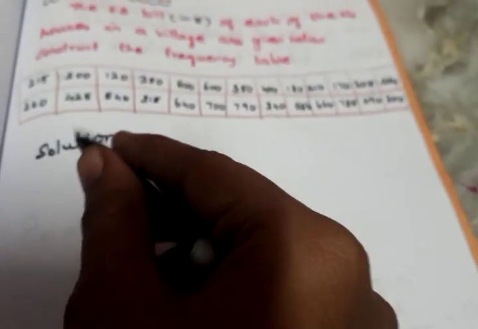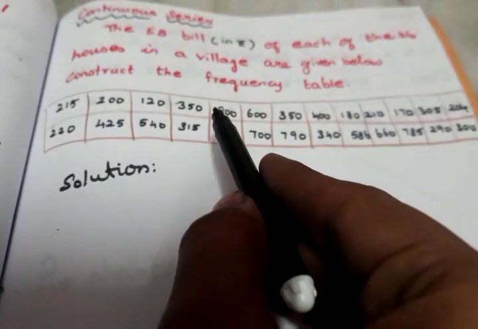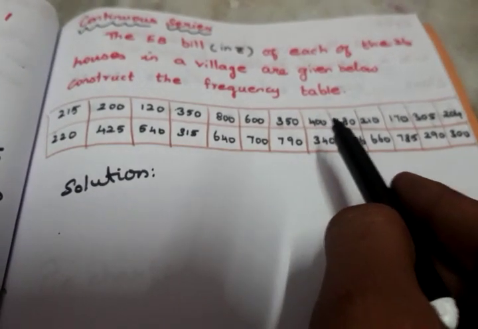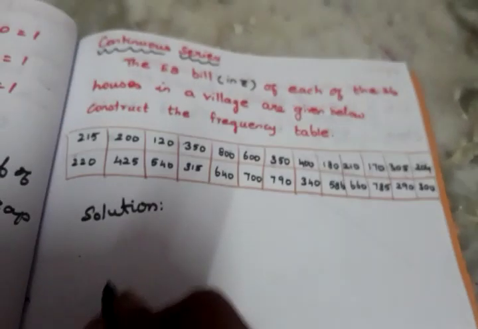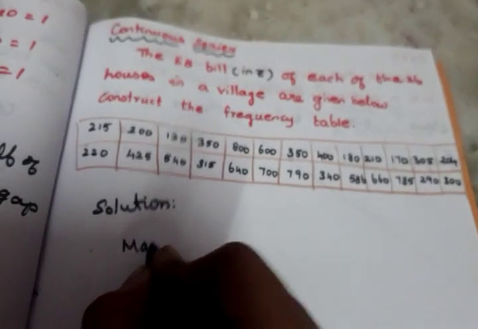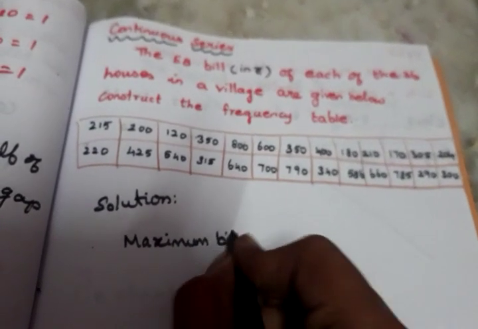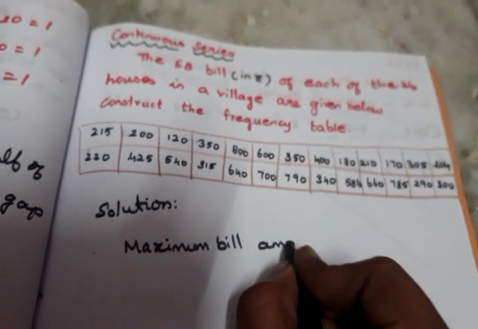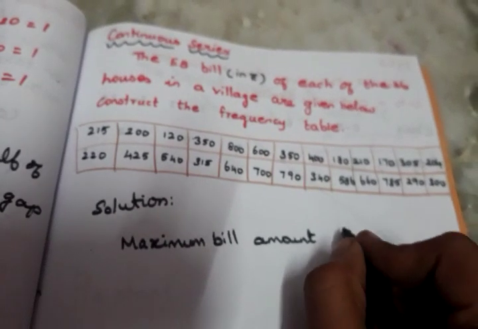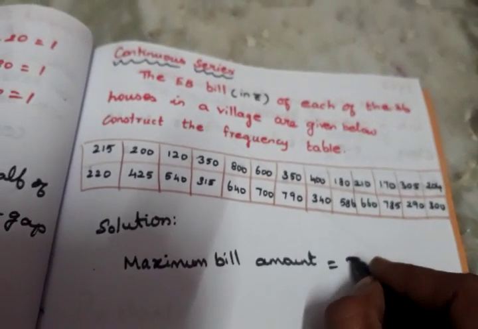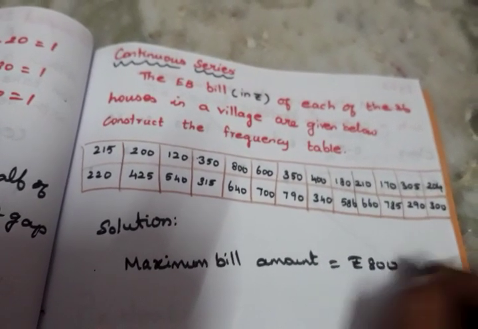First, the maximum bill amount. Which one is the maximum bill amount? See the first row: 215, 120, 340, 800. So the maximum bill amount is rupees 800.